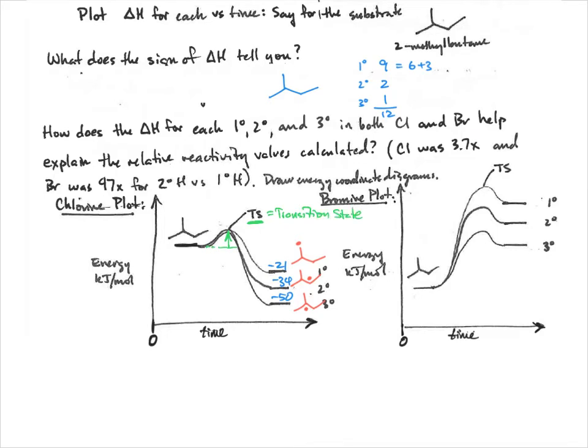A transition state is very fleeting. And by fleeting, I mean if we go down to the time axis, it really only exists for femtoseconds. So that's pretty quick. What does that mean?